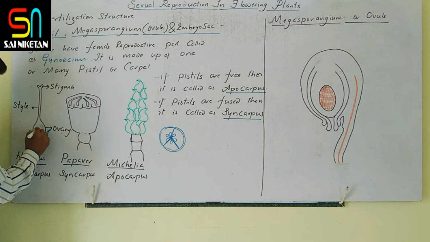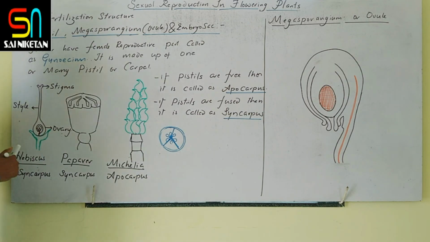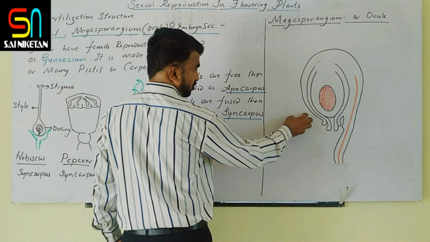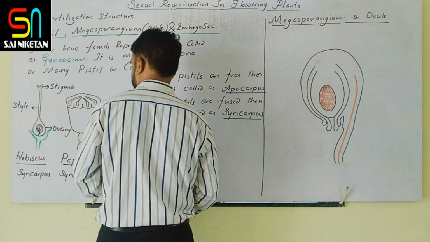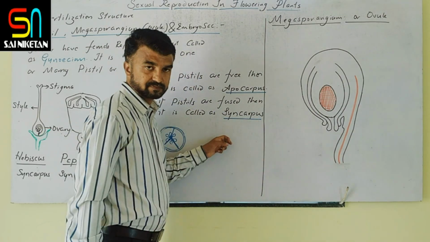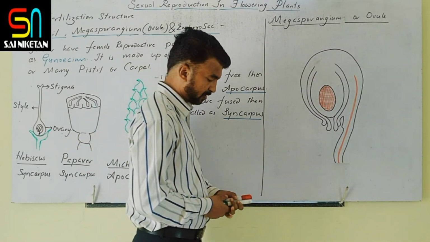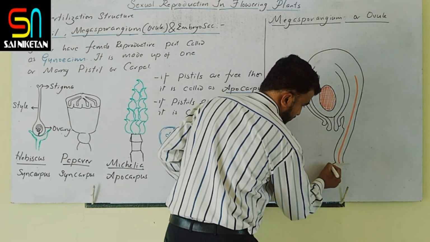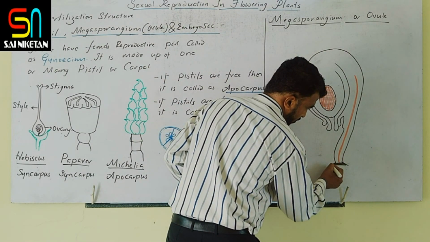If you take the sunflower, the basal placentation is there, this type is simplified, nothing else. Clear? Now this megasporangium or ovule present inside this ovary is attached to the placenta. Clear? So this is the placenta.